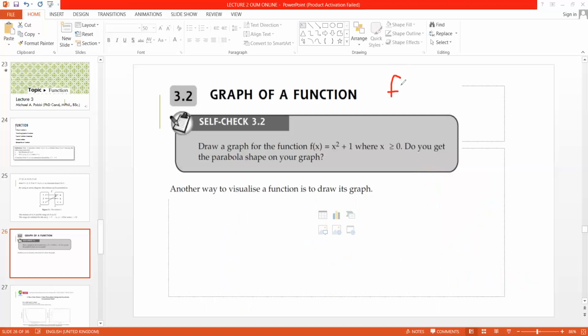Okay, so we can also have a function denoted piecewisely over certain domains.